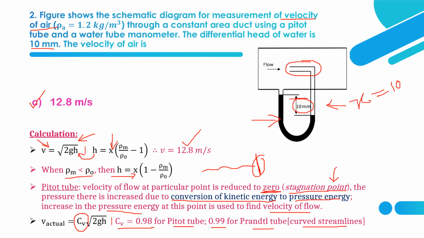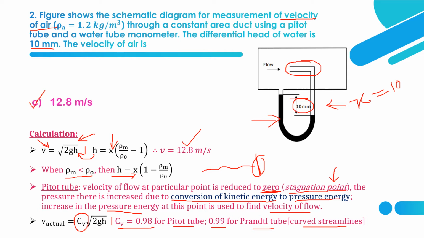So in that case, it is necessary to find the piezometric head at the same point at which the velocity is to be measured, such that the difference of the total head and the piezometric head at the section gives the velocity head. So this is the basic reason behind using the Prandtl Pitot tube, and for that Cv is 0.99.